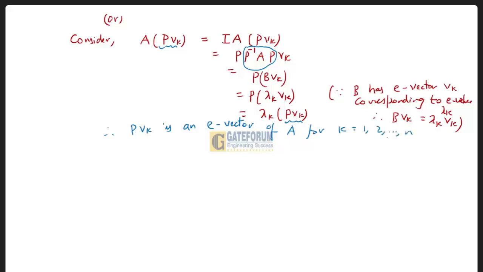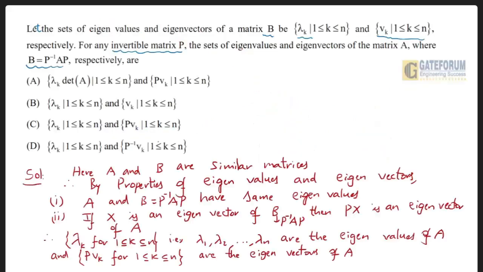That is 1 less than or equal to k less than or equal to n. So finally, P into Vk, lambda k is the set, this set is eigenvalues and this set is eigenvectors. So accordingly the answer is option C. This is the end of the question.